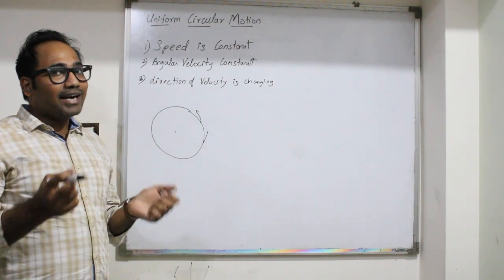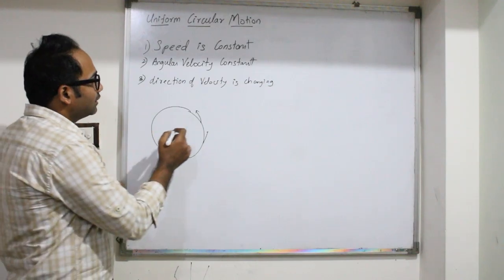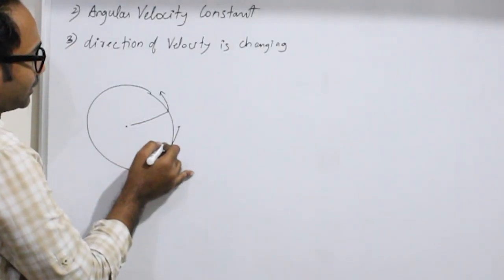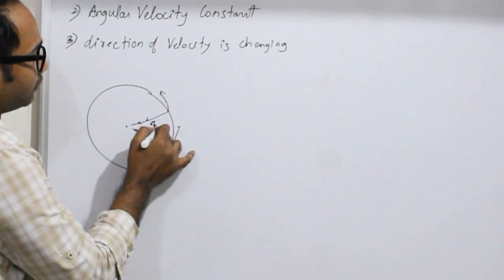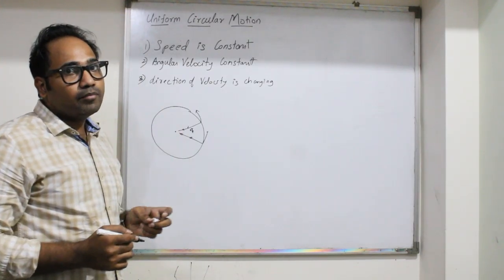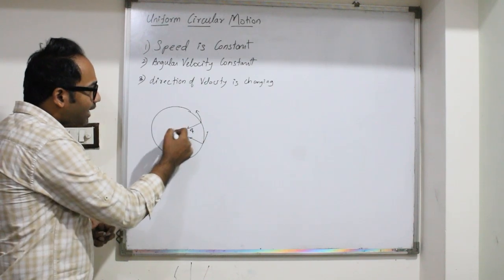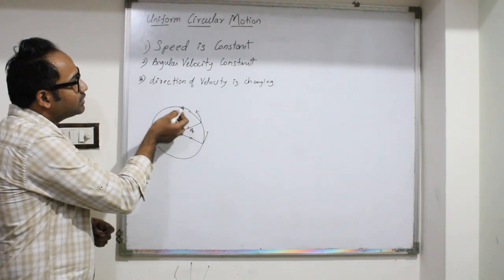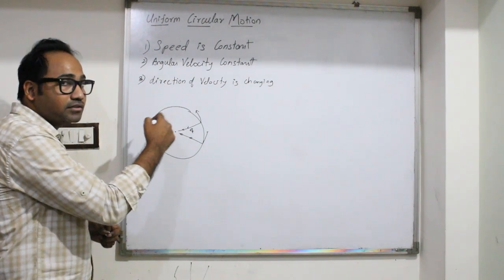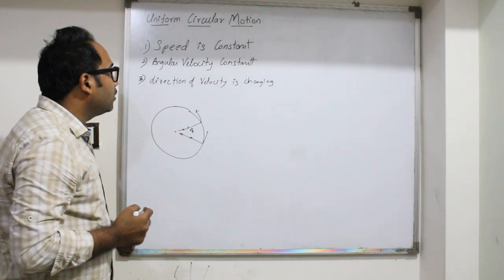That acceleration we call centripetal acceleration, which acts towards the center of the circular motion. It is this acceleration which keeps this velocity always tangential to the path of the circular motion.